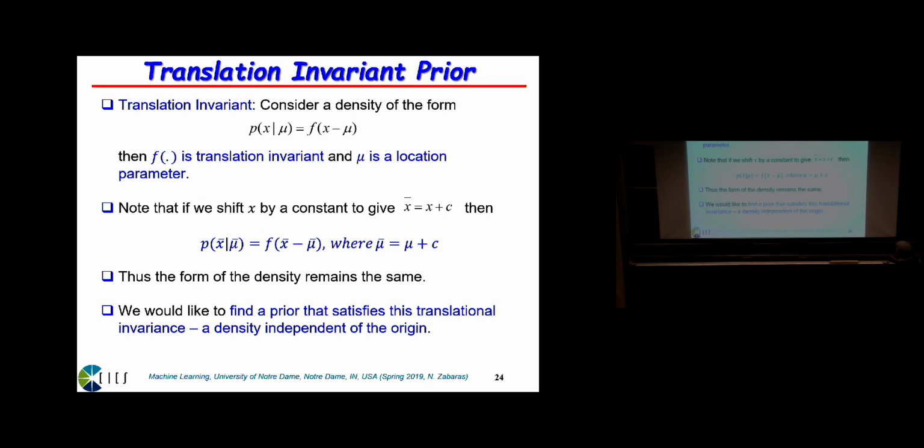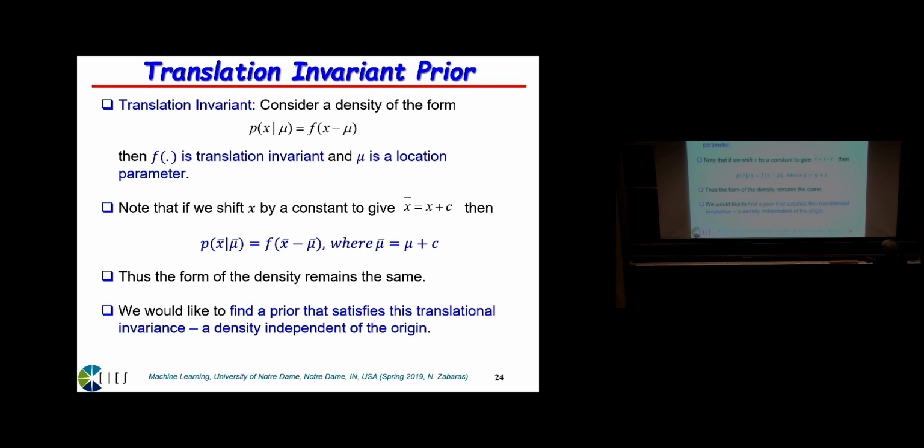And why do I call this particular thing a translation invariant prior? Because you can show the following thing. If you shift x to x plus c, and you try to compute the probability density for x bar, it turns out that the probability of x bar has the same form as the probability of x, with mu bar now equal to mu plus c.